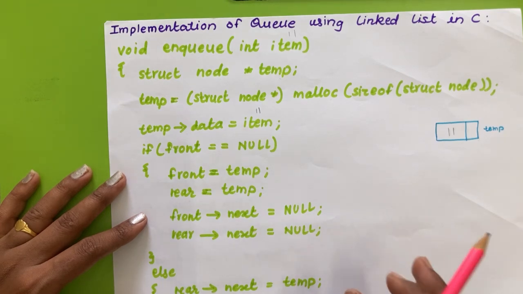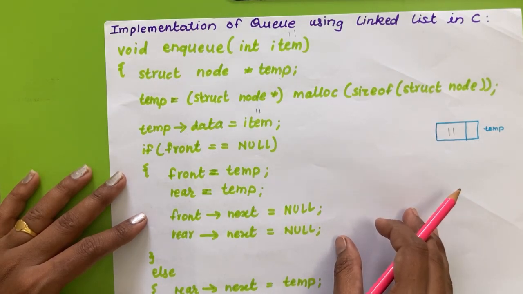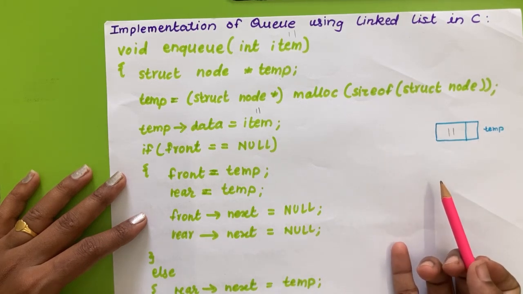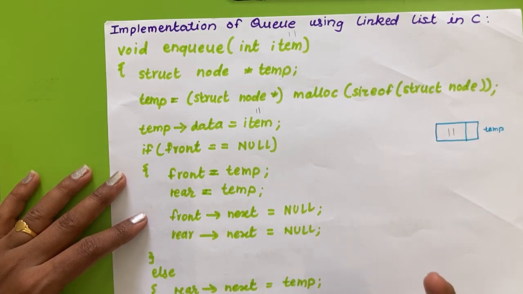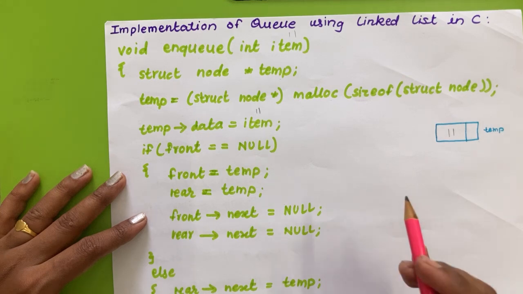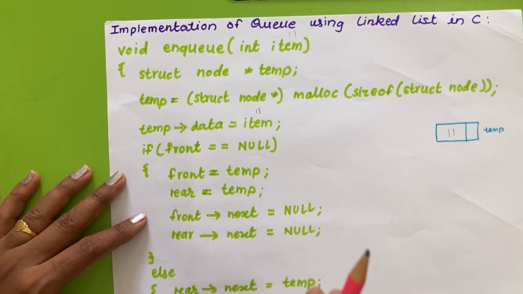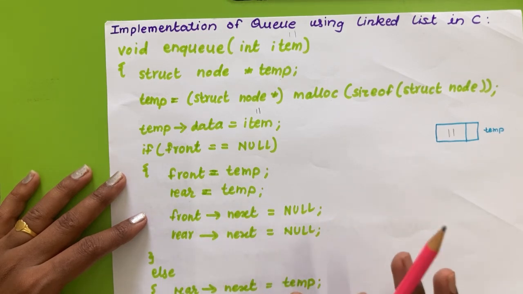If we are inserting first element in the queue, then we have to update both front as well as rear, and if you are inserting second onwards element into the queue, then at that time only the rear end will get updated, or the value of rear is going to be updated. The value of front will remain as it is.